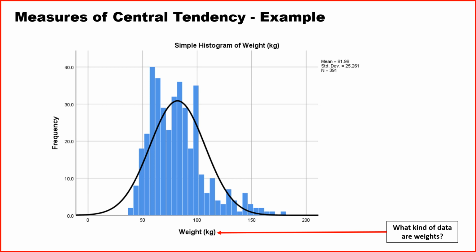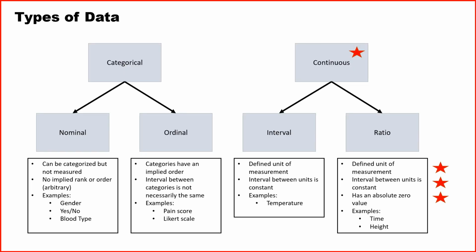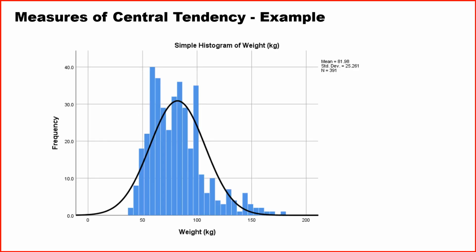Because this is going to be important to selecting our appropriate measure of central tendency. Well, weights are continuous data, and then further, they are ratio data because they have a defined unit of measurement, in this case kilograms. The interval between units is constant, also true, 1 kilogram is exactly half as much as 2 kilograms. And 3, there's an absolute zero value, so 0 kilograms is the absence of any weight.